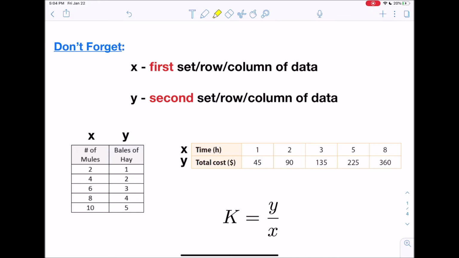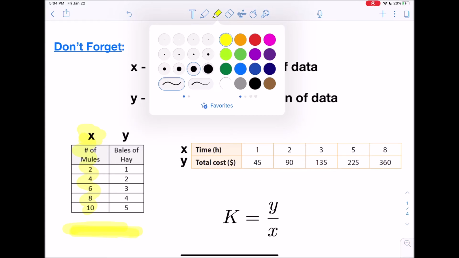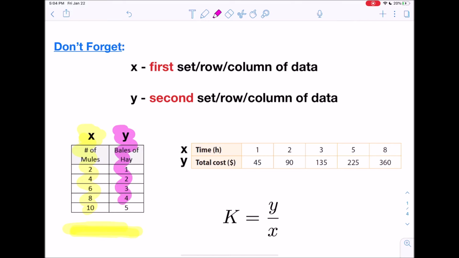So if we look at this table here, we can see that it's made up of 2 columns, and X is your first set of numbers, and Y, we'll make that pink, Y is your second set of numbers, okay?